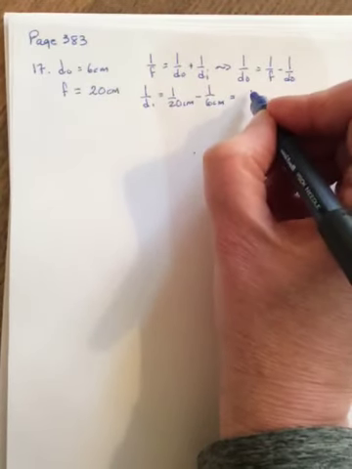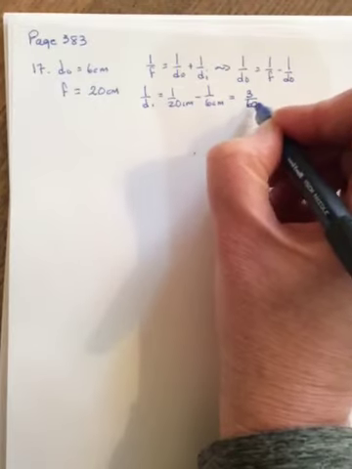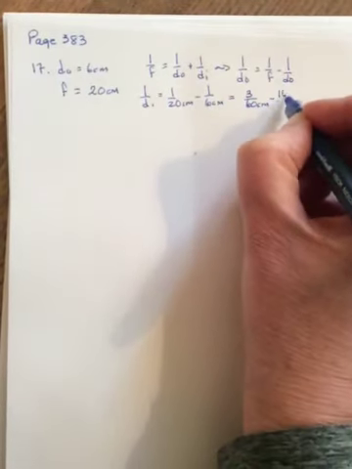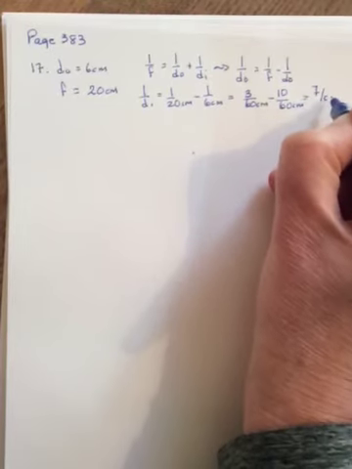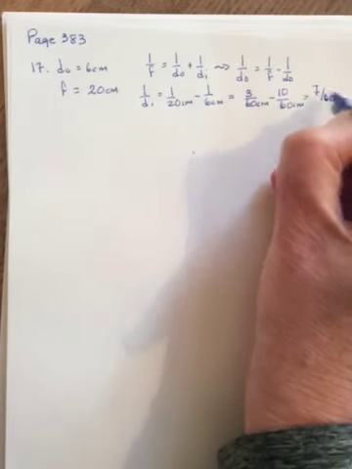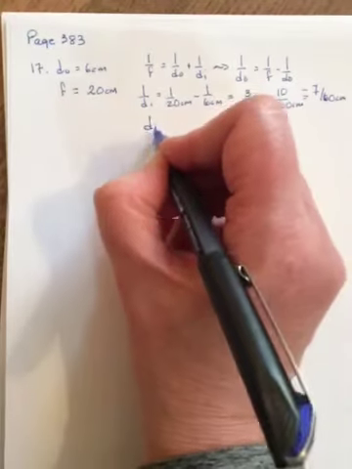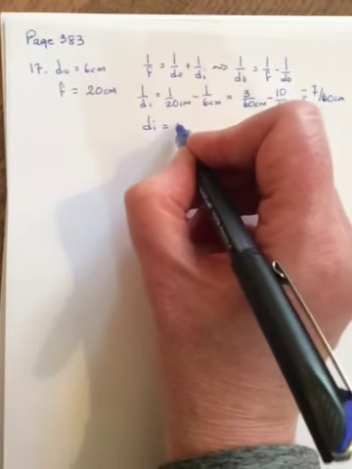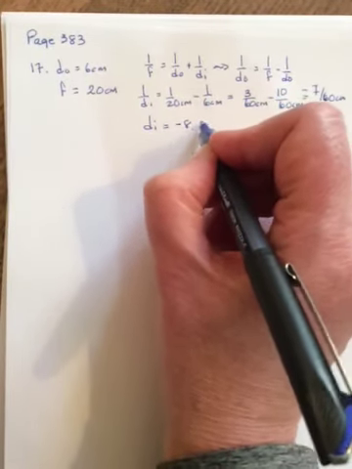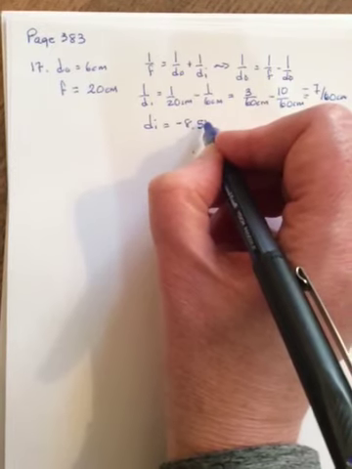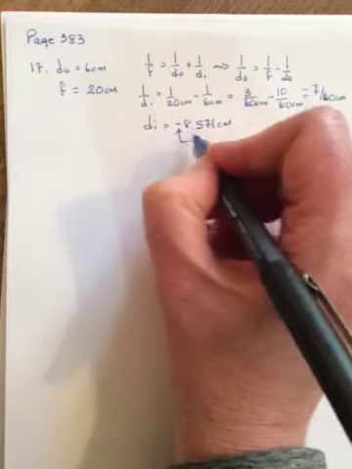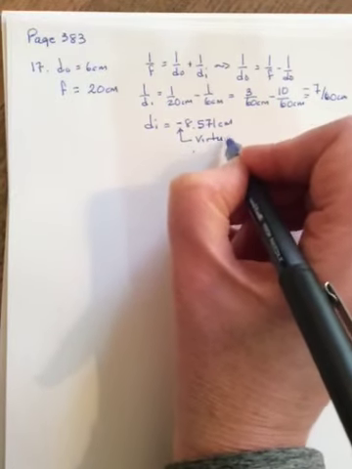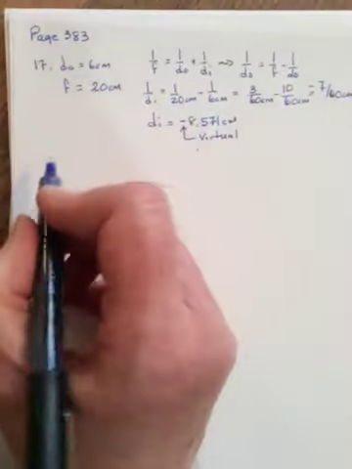Common denominator is 60, so 3 over 60 minus 10 over 60, which is negative 7 over 60. Flip, 60 divided by 7, negative 8.571 centimeters, where of course the negative means virtual. Number 18.